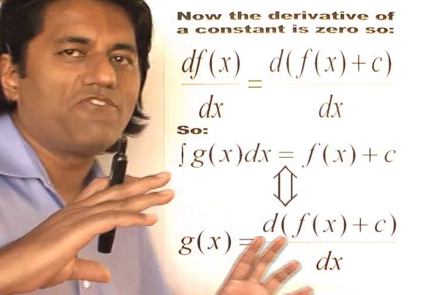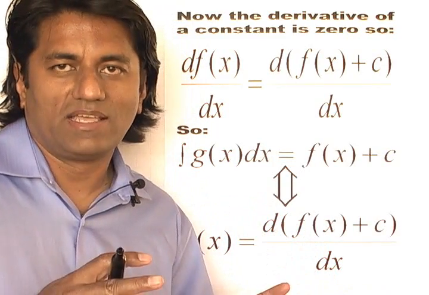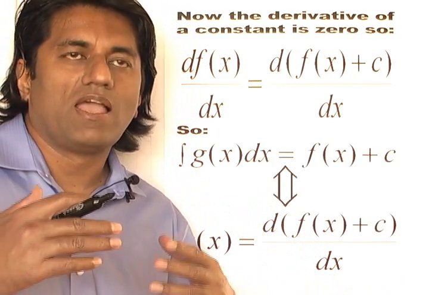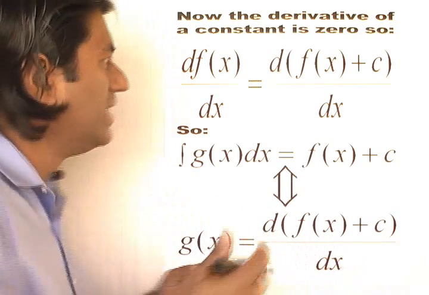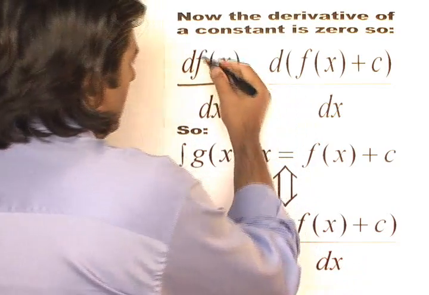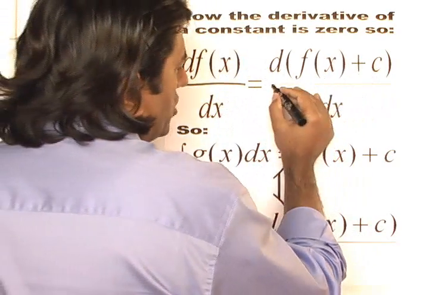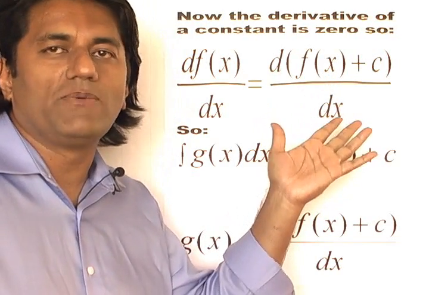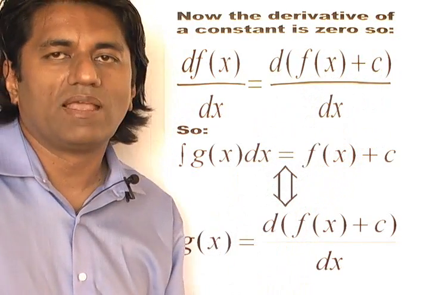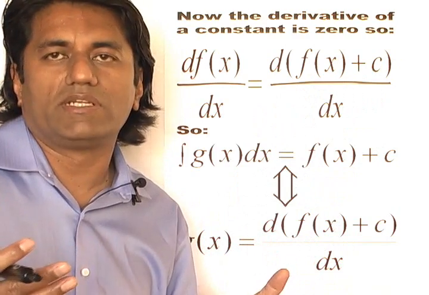Actually, if you have found a function f(x) on taking whose derivative you get g(x), then the function f(x) plus c, its derivative will also be equal to g(x), where c is a constant. Why? Because the derivative of a constant is 0.